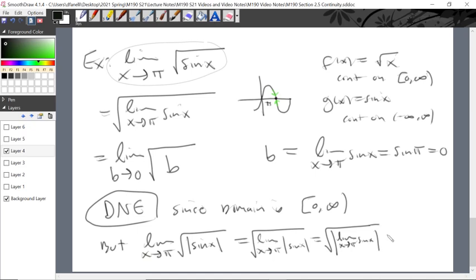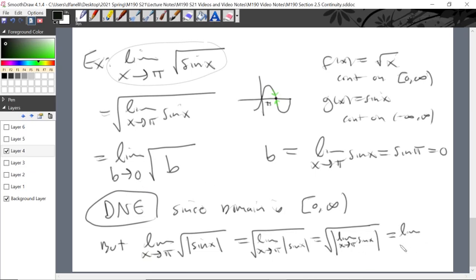Now, notice that in this case, when you take the limit of sine of x here, you're approaching 0, but then you take the absolute value of that, and you're not approaching 0 from above and below. This can't output a negative number.